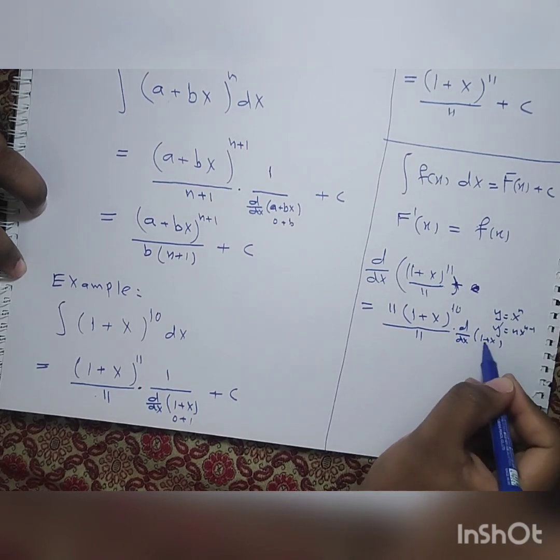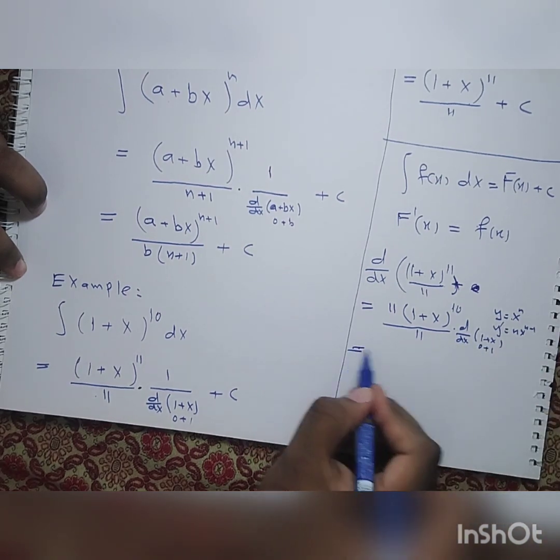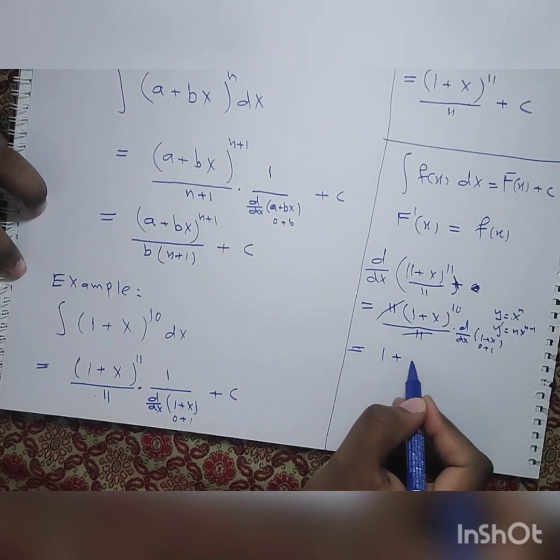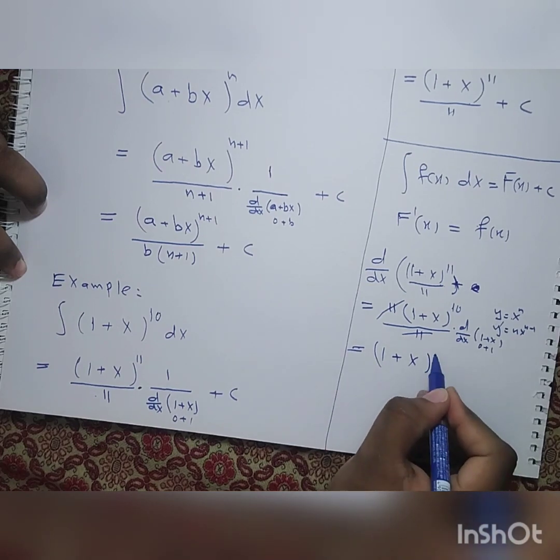So the derivative of 1 is 0 and the derivative of x is 1, and then those would cancel out, right? So we only get (1 plus x) to the power 10.